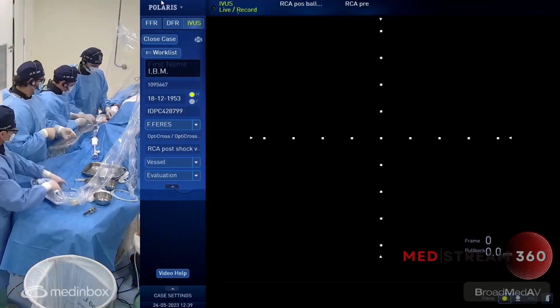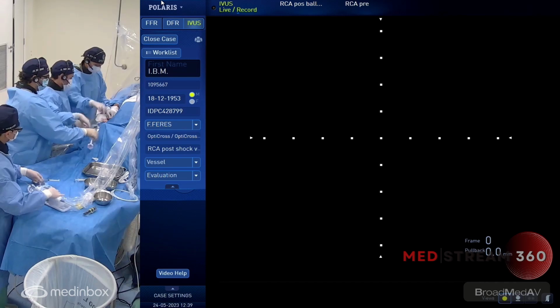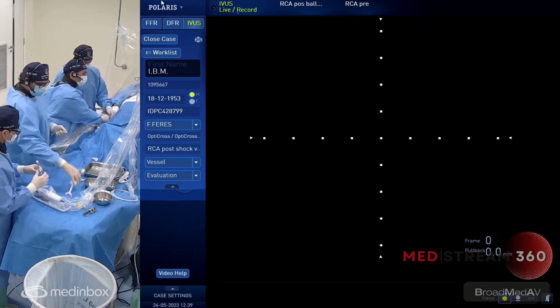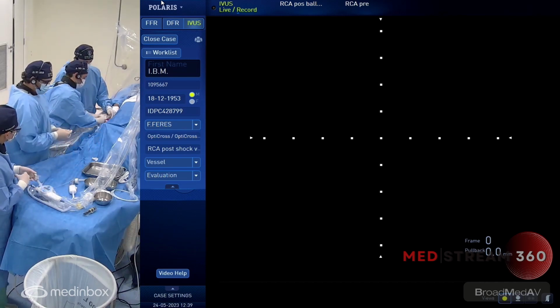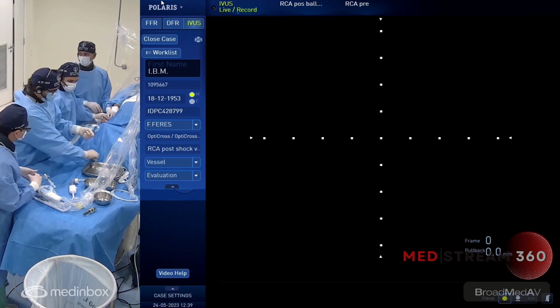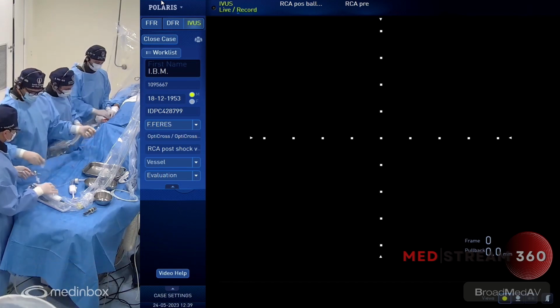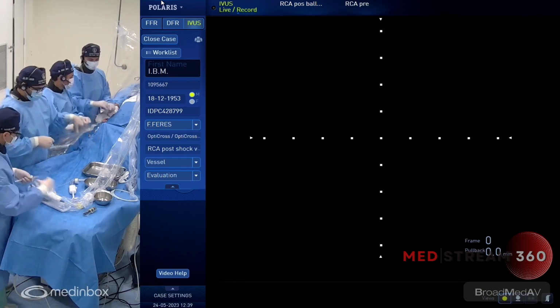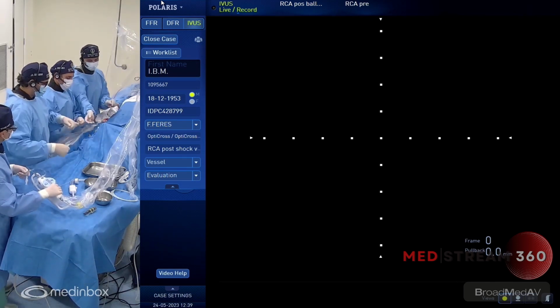Just reviewing the case, Rodolfo did a pre-dilatation, and he came with the IVUS, which showed a lot of calcium, as Ricardo mentioned to you. And he came with a 3.5 non-compliant balloon to predilate a little bit more.